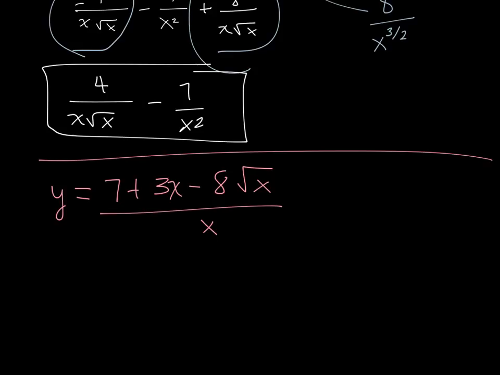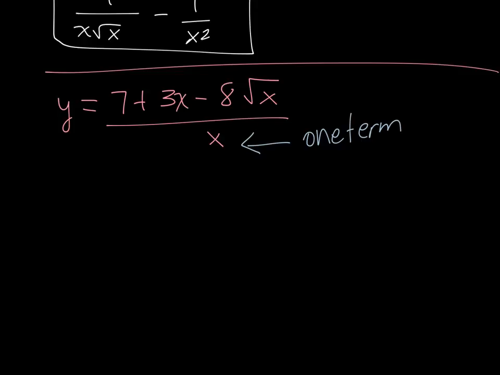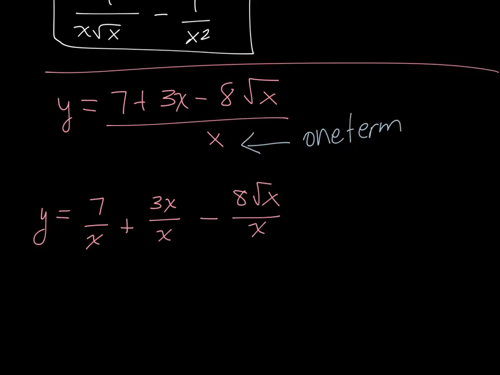Whenever there's only one term in the denominator, you can rewrite this as 7 over x plus 3x over x minus 8 square roots of x over x, right? Because that's easy to do when there's only one denominator. And certainly I can see that that cancels.